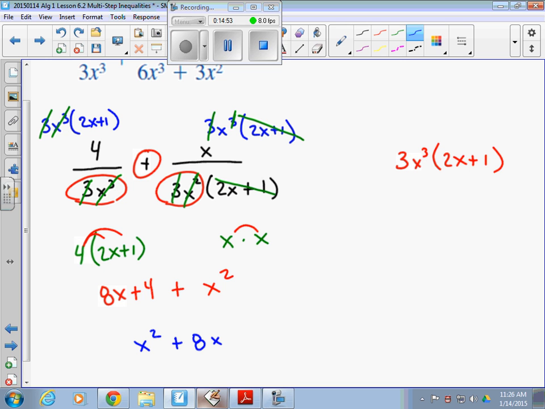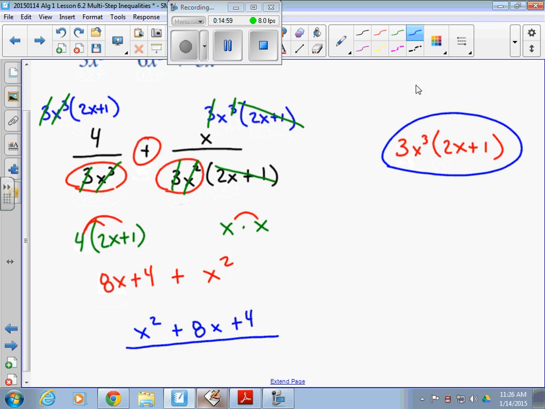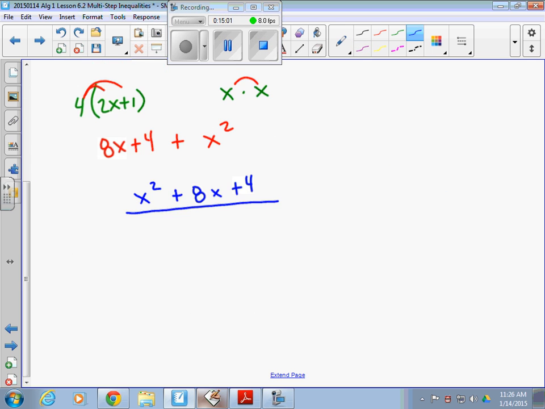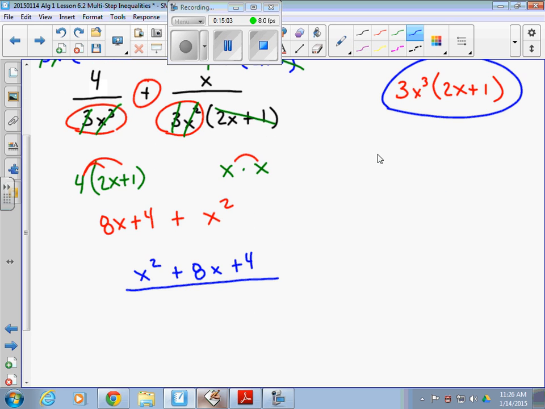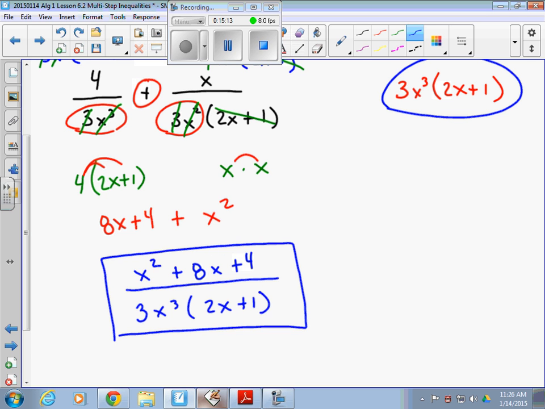And then you want to have plus 4. All of that's going back over your denominator that we came up with, the least common denominator, 3x cubed times 2x plus 1. And this is your simplified answer, as bad as that looks.